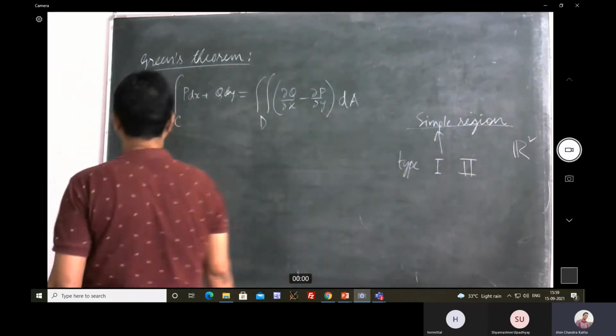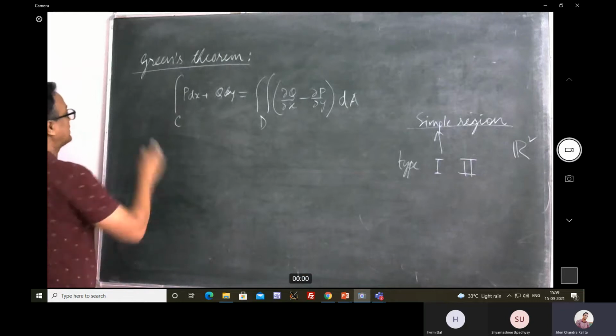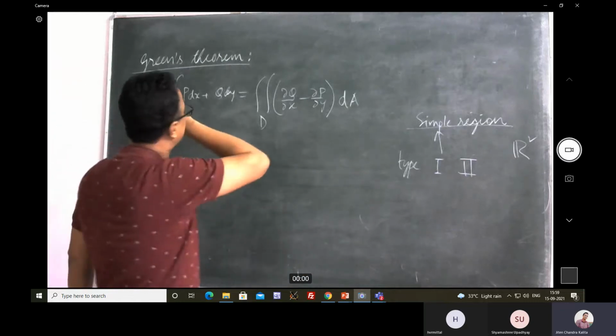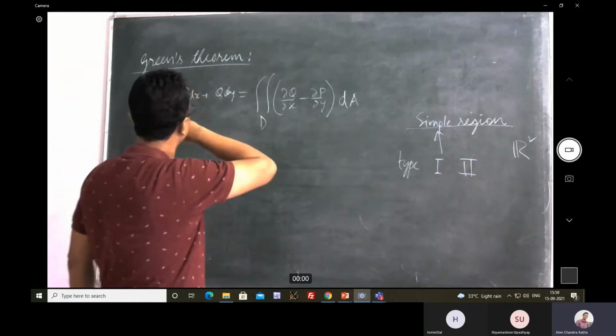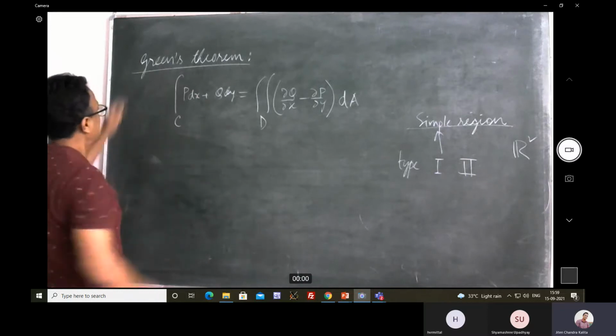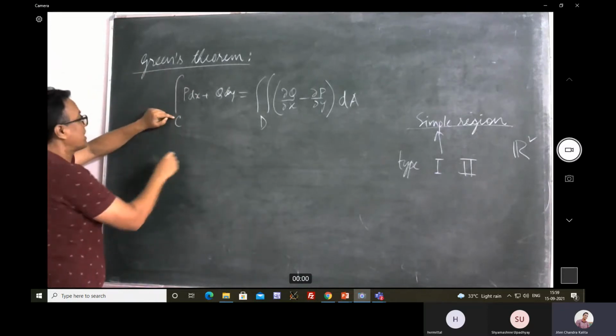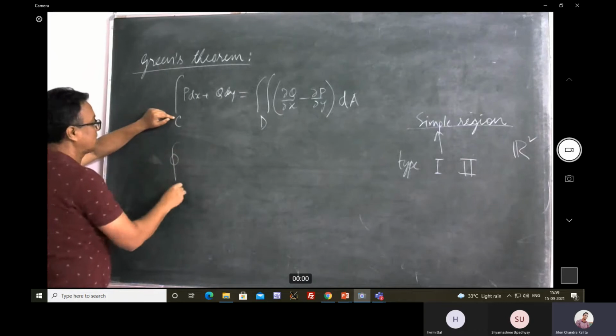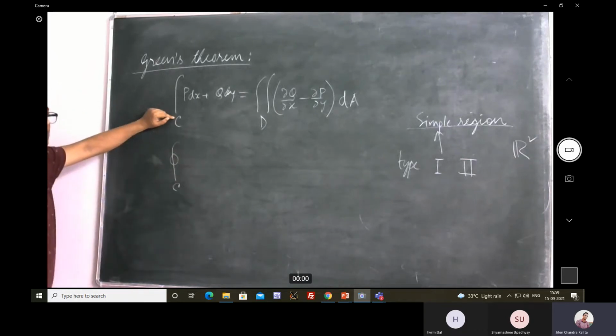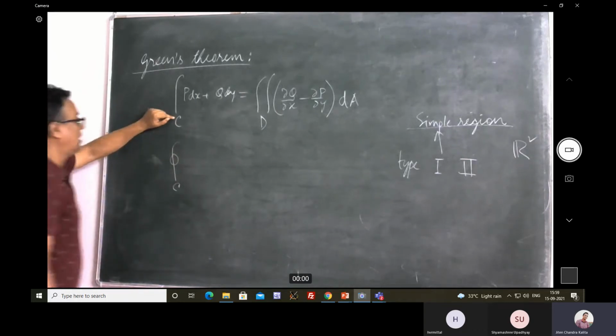But before that, let me tell you another thing. Because we are considering C to be a closed curve, sometimes this symbol is also used.